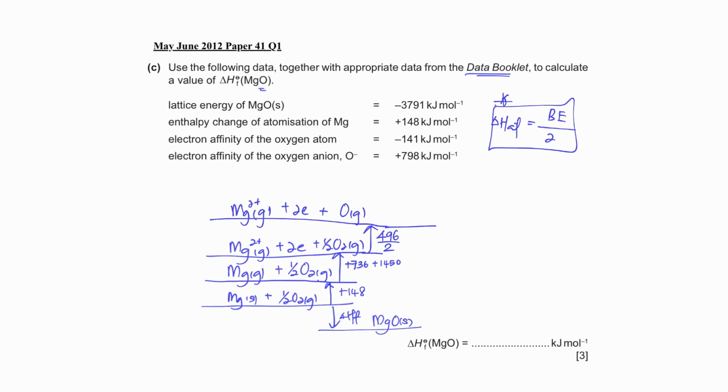Done with atomization, the next step is turning oxygen atom gas into O2 minus. O2 minus involves 2 electron affinities, the first electron affinity and the second electron affinity. We could combine these 2 processes into 1, and when we sum them up, we get positive 657. Since it is positive, we use an arrow up to show it is an endothermic reaction.